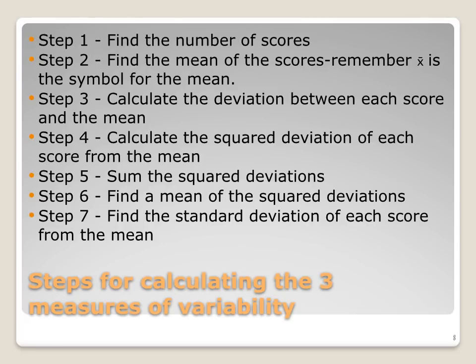Step 5, we're going to sum the squared deviations. Step 6, we're going to find a mean of the squared deviations. And step 7, we're going to find the standard deviation of each score from the mean. So steps 1 to 4 get us ready to determine ultimately those three measures of variability in step 5, 6, and 7.